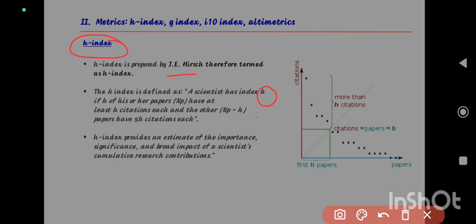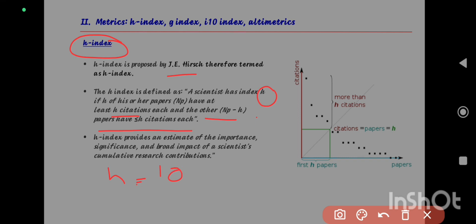It has at least H citations each, and the other N minus H papers have less than H citations each. If the H index equals 10, what does this mean? That his 10 papers have 10 citations each, and the remaining papers have less than 10 citations. I hope this makes sense.